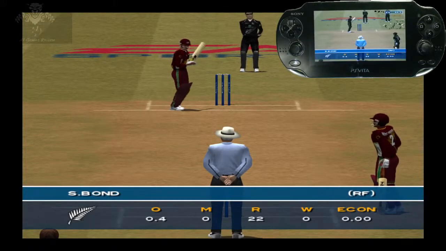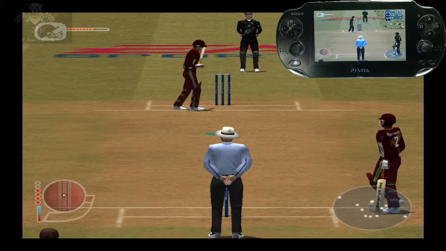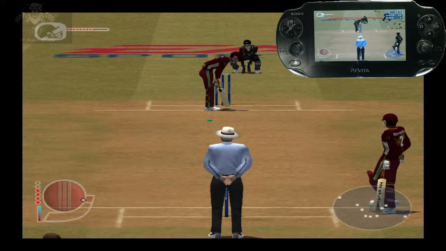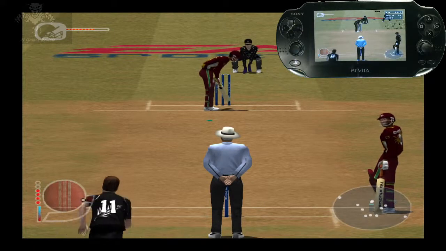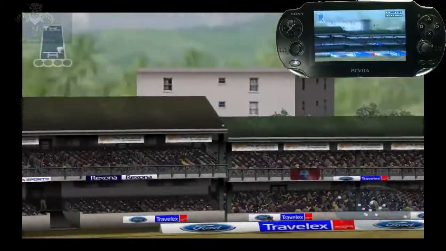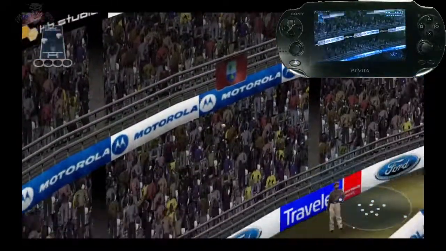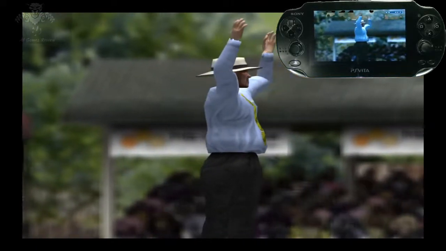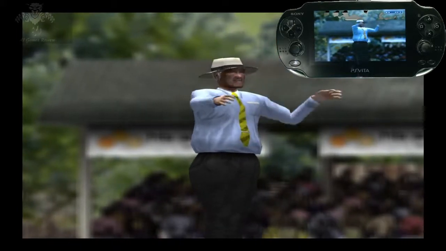Bond to Gale. That's over the rope. Six runs. And that nearly joined us up here in the commentary box. He smashed that a long way. Great to watch for the neutral, but the bowler won't be too happy.